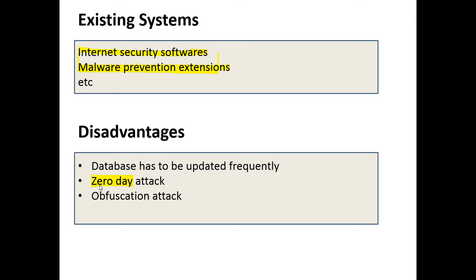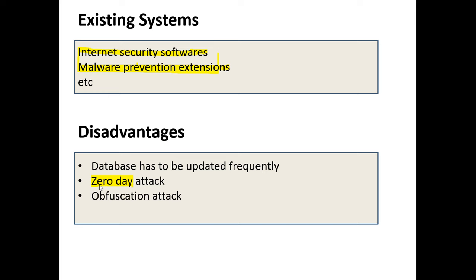Consider a scenario where a website is not listed in the database, but still it is malicious, meaning nobody has ever found out that the site is malicious because it is a newly born site. Whenever you visit that site, your plugin will not stop it from being rendered.